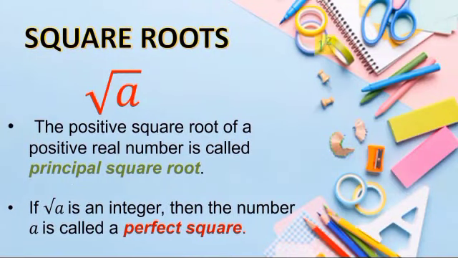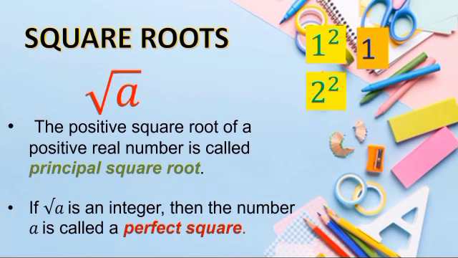For example, 1 squared is 1: 1 is the principal root, and 1 is a perfect square number. 2 squared is 4: 2 is the principal root, and 4 is a square number. So, the square root of 4 is equal to 2. The square root of 1 is equal to 1.